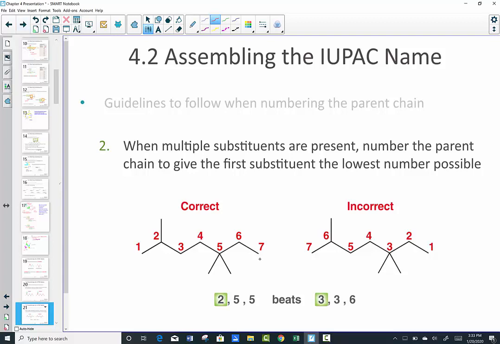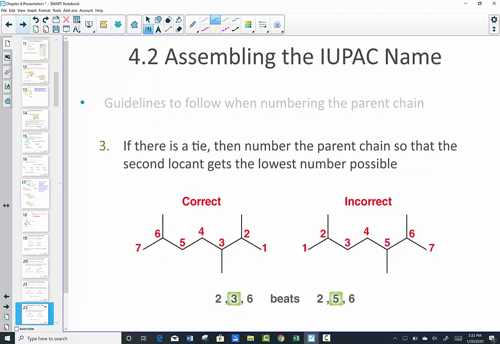So I have a 7-carbon parent chain. I'm going to number from left to right so that I hit this first substituent. And if I had numbered right to left, I don't hit the first substituent until carbon 3. 2 is a lower number than 3, so number left to right to get the first branch the lowest possible number.